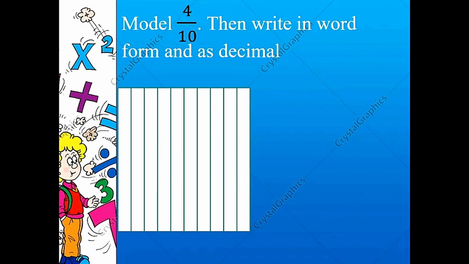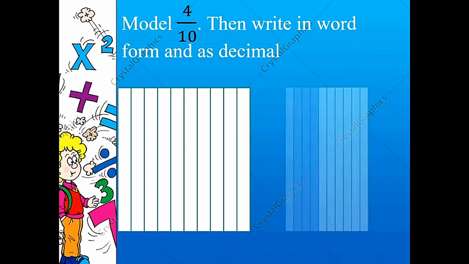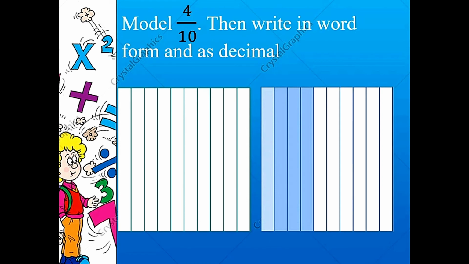At this point, we will be using our third model to represent tenths by showing 10 columns. The problem is model 4 over 10. Now this is our fraction, 4 over 10. Our numerator is 4 and our denominator is 10. To model 4 over 10, we will shade 4 columns out of 10. So we will count 1, 2, 3, 4.